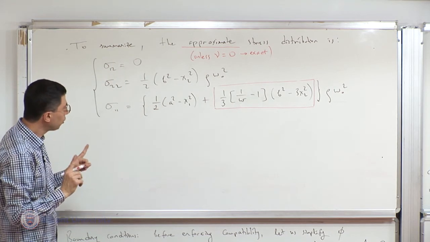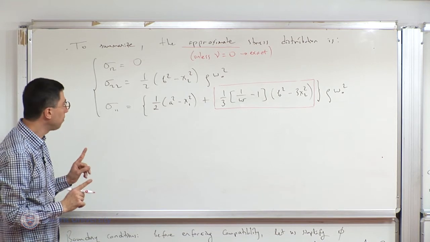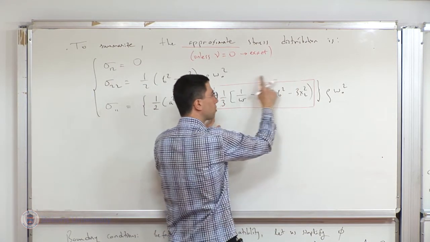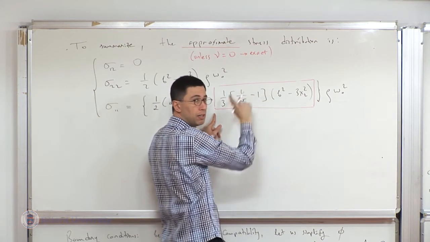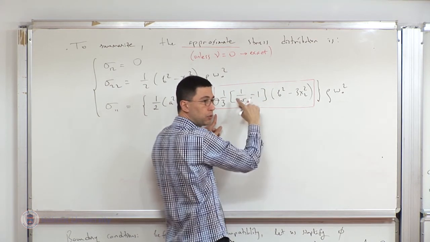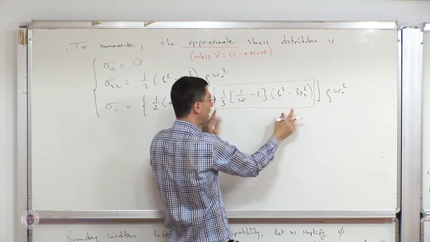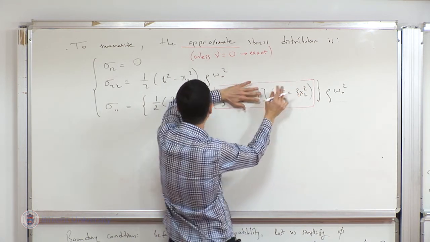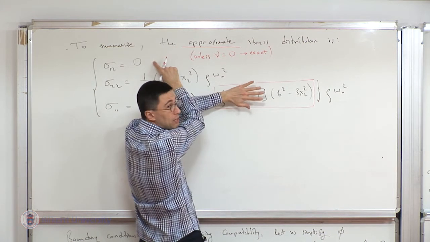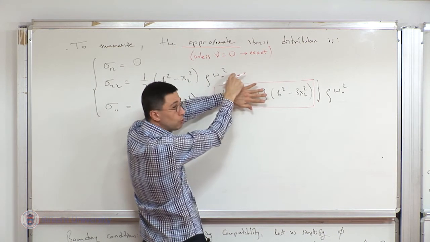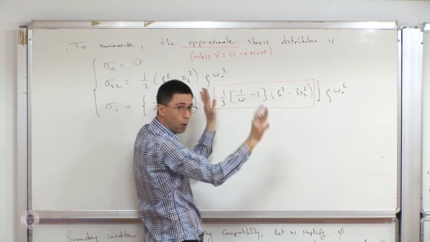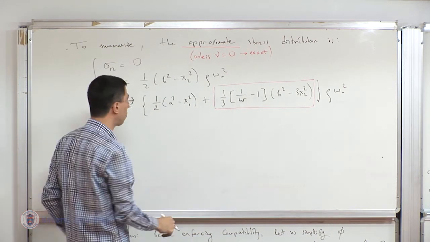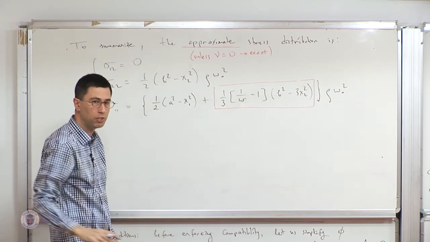Now, you should not be fooled by that red box. In other words, it doesn't mean that this red box is the only source of error. If nu is not equal to 0, you might be tempted to think that, oh, this is the additional thing, so everything apart from this is exact, in particular, sigma 1,2 in the exact solution is always 0, and sigma 2,2 has that form. No. If nu is not equal to 0, everything all of a sudden becomes approximate because I have relaxed one boundary condition.